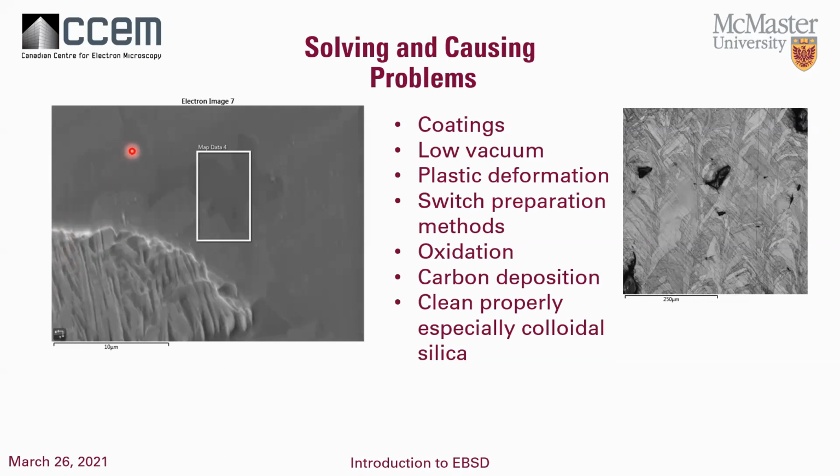So you have to make sure that you clean off things here. You can see some scratches here, some deformation damage in the surface, which may not have been apparent when you looked at it in the light microscope. And you can see that our tungsten carbide particle is much more protruding than the rest of the material. So that can be an issue as well.